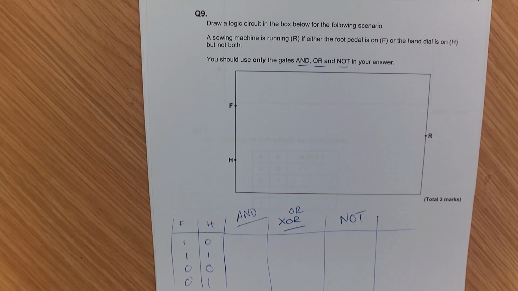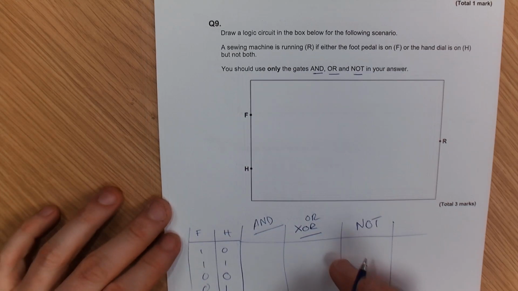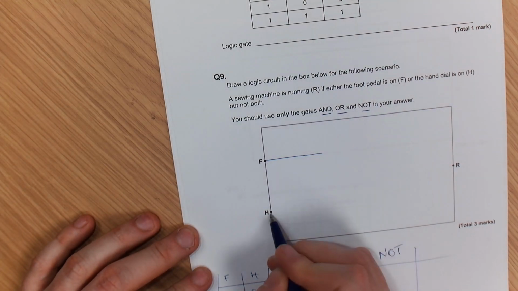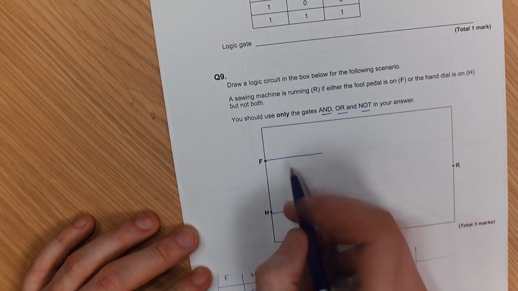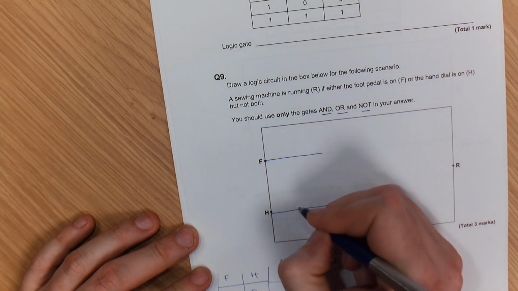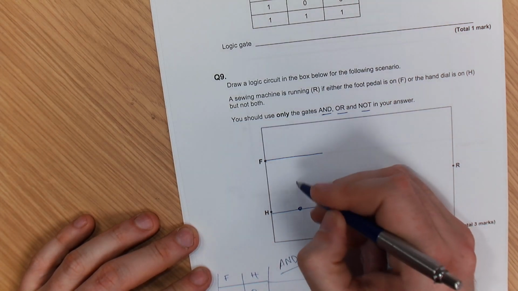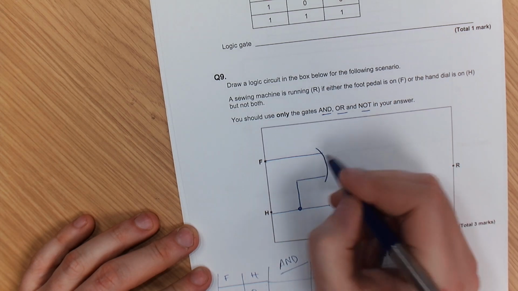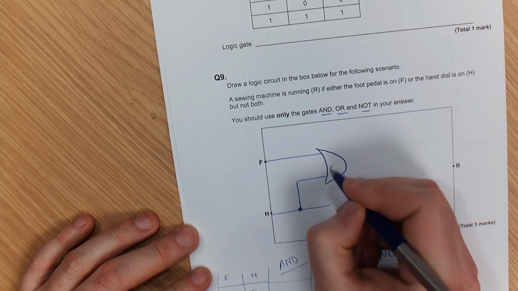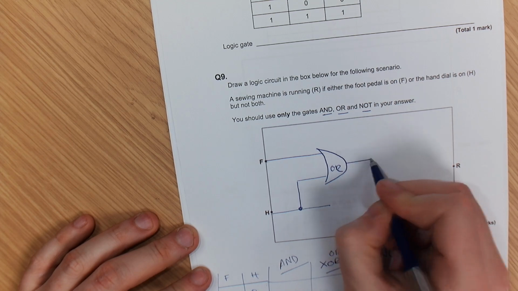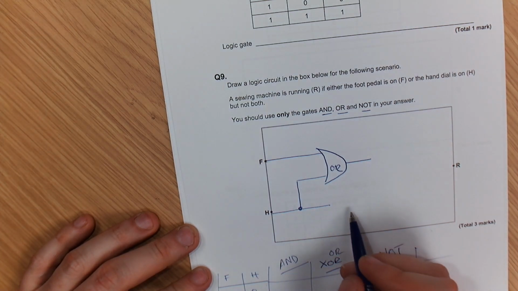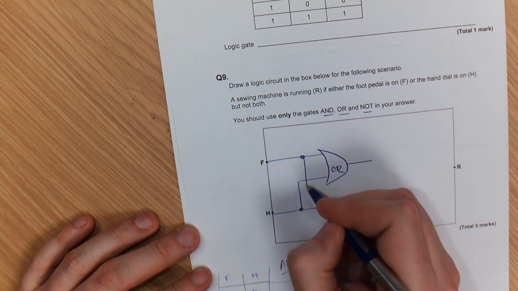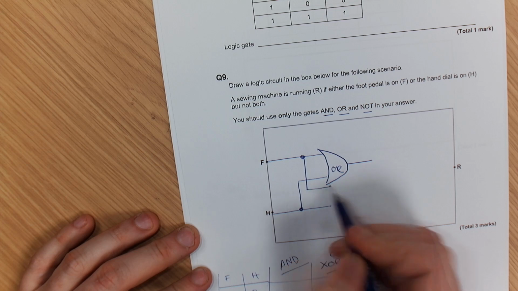Ultimately, what you've got here, I'm just going to draw this out for you, is you're going to have, so, alright, and we're going to use H here, and we're going to use an OR gate first, and that is going to join into an AND.